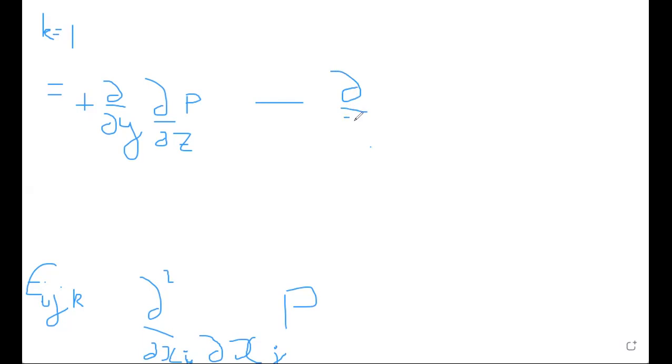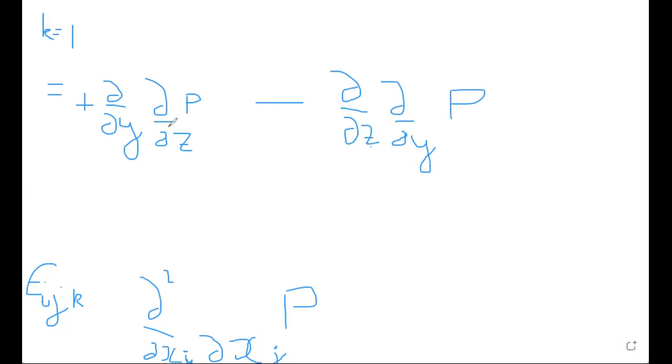So this is d by dz of d by dy of p. It's really ugly, but I think you can read it, right?